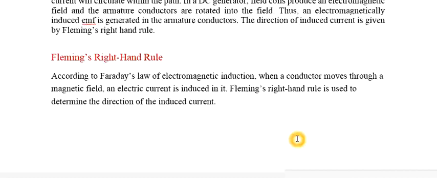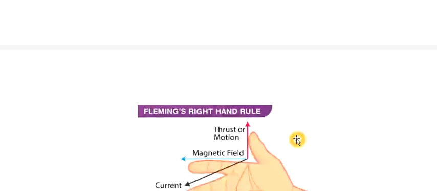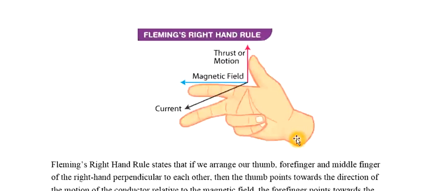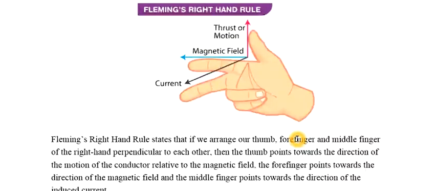So it gives you the direction of current based on the magnetic field as well as the rotation of the rotor. But how is it? If you see here, it states that if we arrange our thumb, forefinger and middle finger of the right hand perpendicular to each other as shown in the figure, then the thumb points towards the direction of the motion of the conductor relative to the magnetic field.